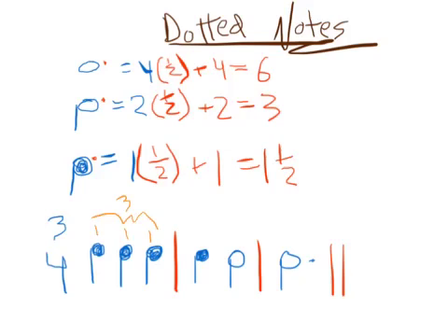In the second measure here, we have a quarter note and a half note. Once again, 3 beats in a measure. So, if we wanted to play a note that lasted for the entirety of the measure, we would use a dotted half note, because as we learned from up here, the dotted half note gets 3 beats.